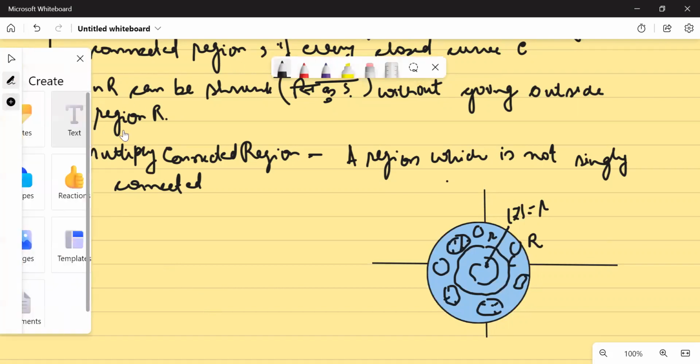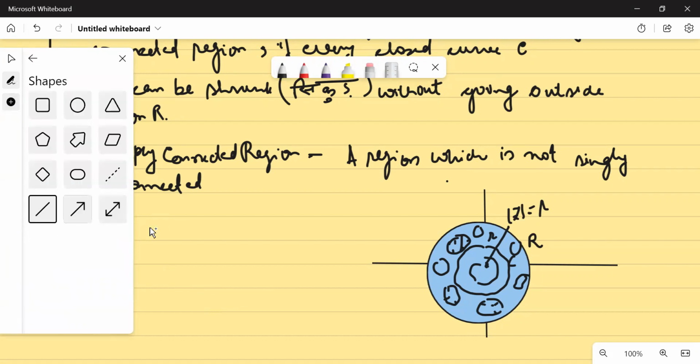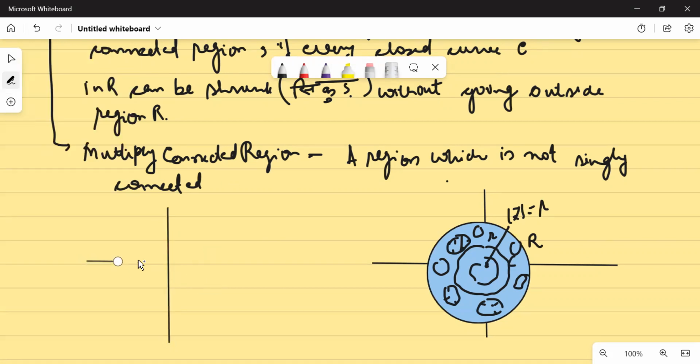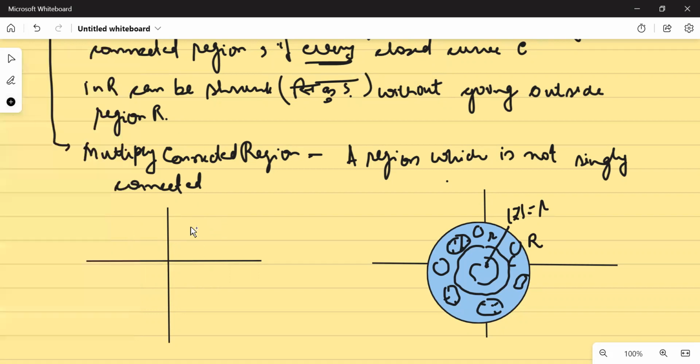But what if I take an annular region? Annular means you are now in between two concentric circles.